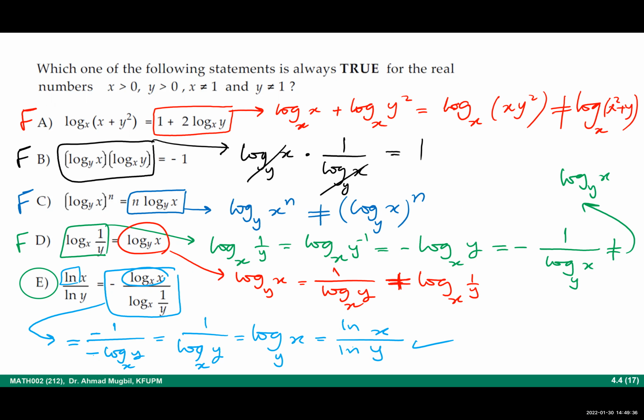Look, it is not easy to start with ln x over ln y and go backward. It is not that easy. What I have realized just now while solving is that we can do it in another way. What is log x of x over log x of 1 over y?